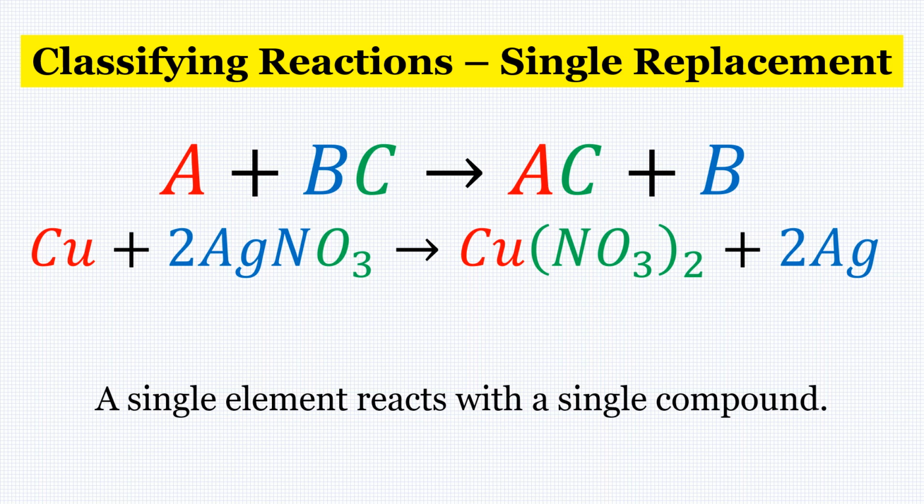Another type of reaction that we have is a single replacement type reaction. Okay, so I'm going to give an analogy for this that is a little goofy, but it's going to help you remember. So if you've seen the Twilight movies, you have a happy couple of Bella, who is the girl, and you've got Edward, the vampire.